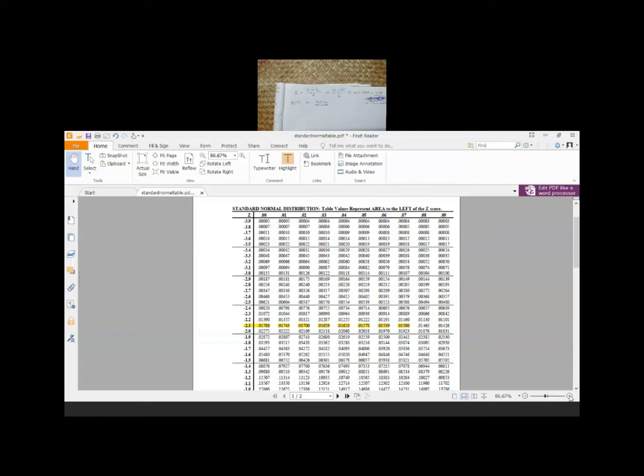So we have to find the value attached with minus 2.1 and attached with 0.07. So that value is 0.01500. Okay, is it clear now why we got the probability as 0.01500?